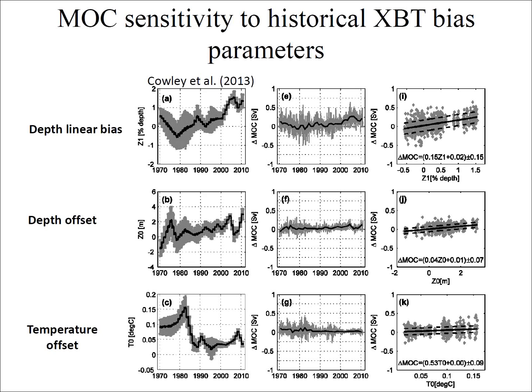And so when we estimate the residuals in the AMOC, we see that the depth linear bias controls most of the bias here. And by the relationship between the error parameters and the AMOC residual, we see that the depth linear bias is what controls most of the uncertainty.